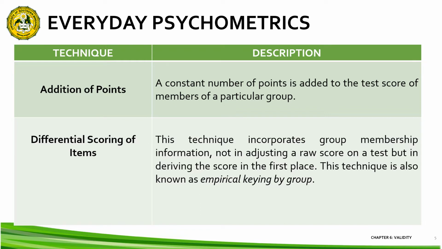The application of this technique may involve scoring some items for members of one group but not scoring the same test items for members of another group. Differential scoring of items happens when two groups of the same ability level have different chances of correctly answering an item because they are from different groups.